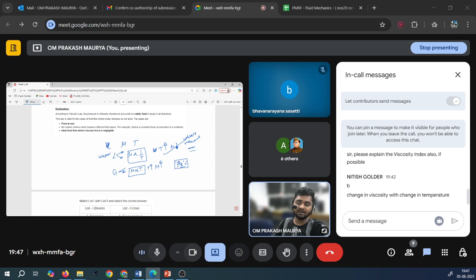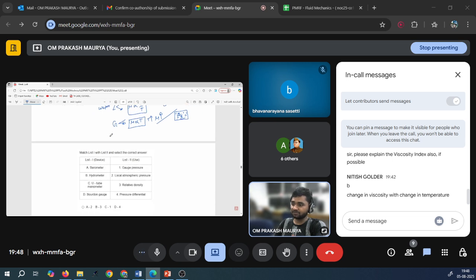If the random motion increases within the gas, the friction between the particles will be increased. Ultimately, what is this mu? This mu is the friction. So this is the concept about temperature and dynamic viscosity.